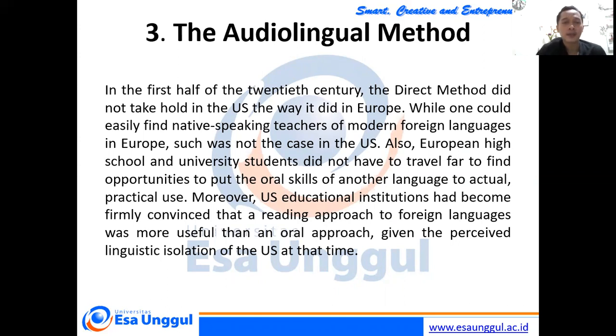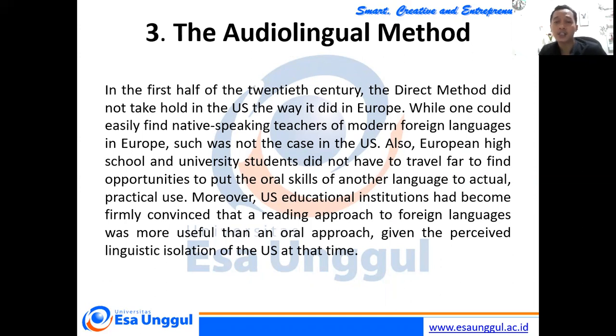In some countries, like in the US, they were not able to find native teachers. So that's why US educational institutions became firmly convinced that a reading approach to foreign languages was more useful, given the perceived linguistic isolation of the US at the time.